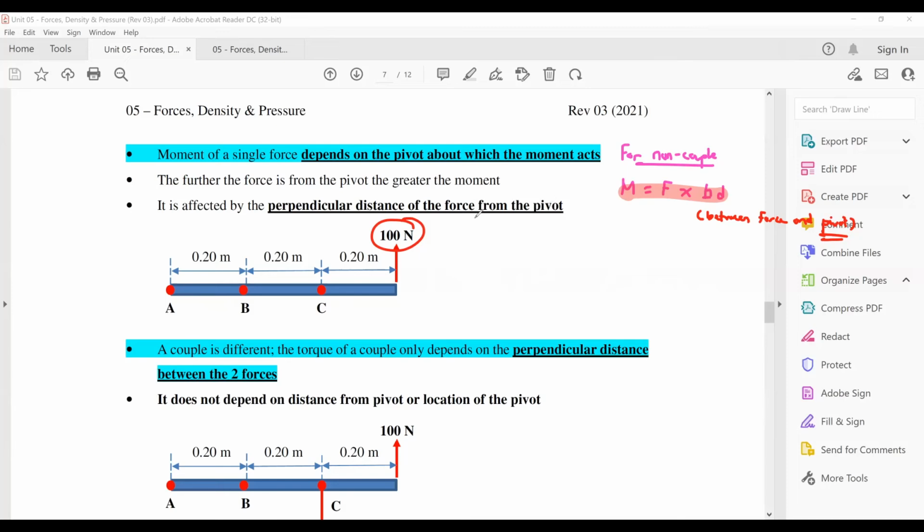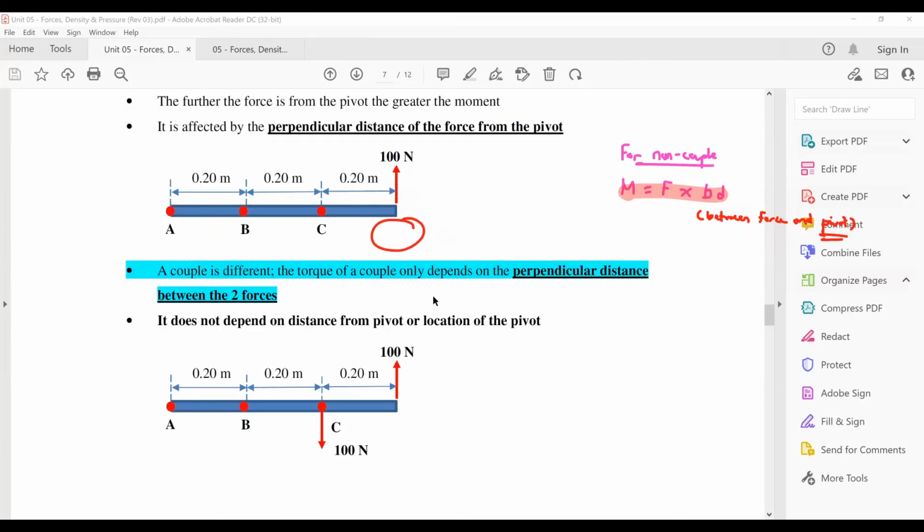Let me just scroll down so that it's easier to see. Okay, so now I want to find the moment about point A. It will be 100 times 0.6, because this one here is 0.6 meter.